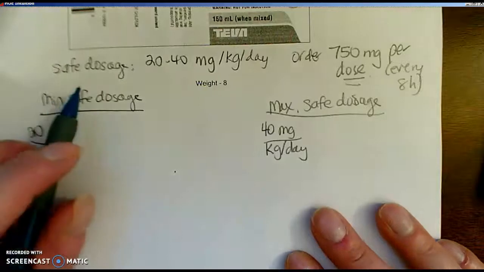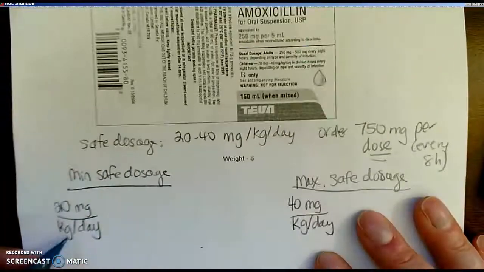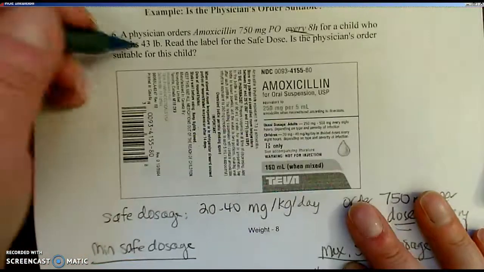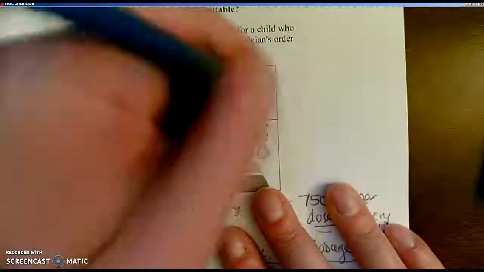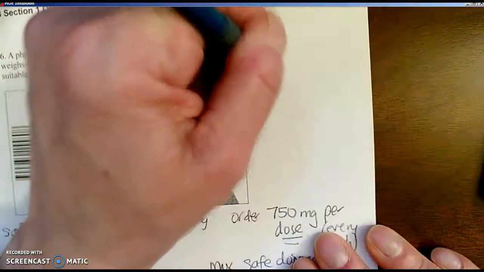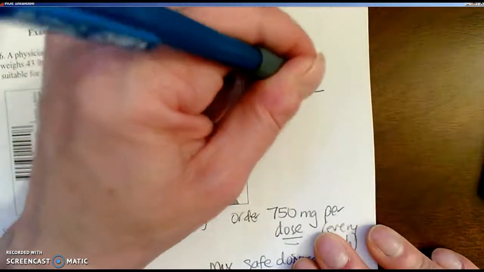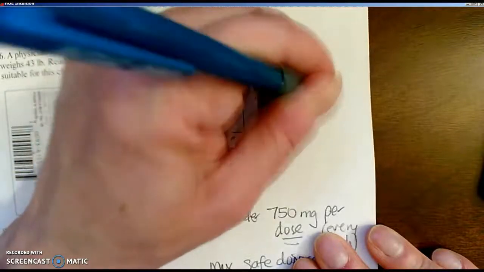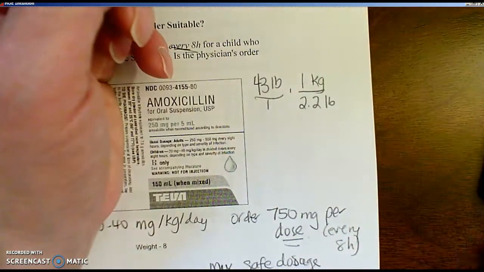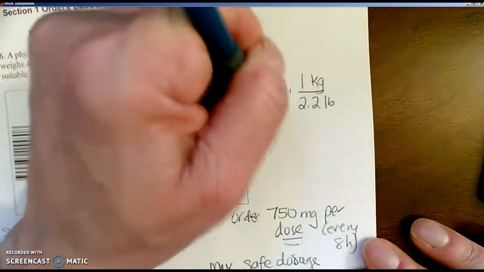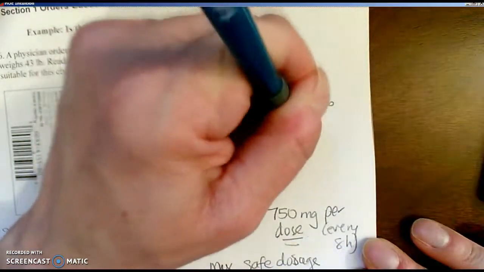The first thing we're going to do is look at the patient's weight, because we see those kilograms, so that's going to be some easy calculations: take the patient's weight and convert it to kilograms. So 43 pounds over 1, we're going to multiply that by 1 kilogram over 2.2 pounds. So 43 divided by 2.2 is 19.54 repeating.